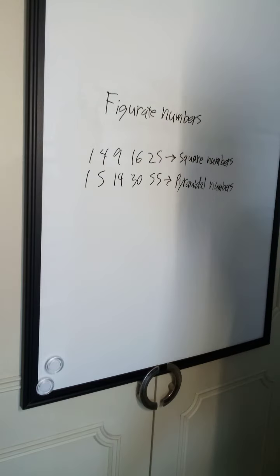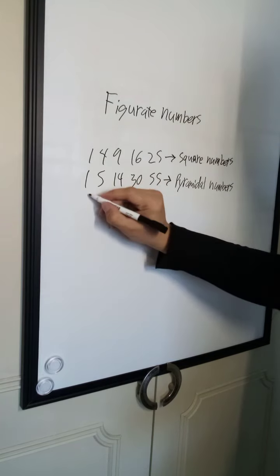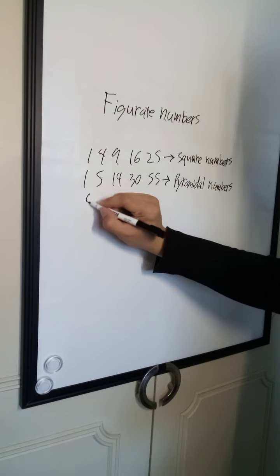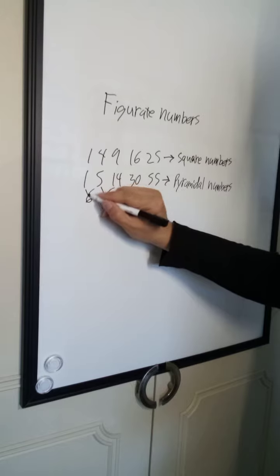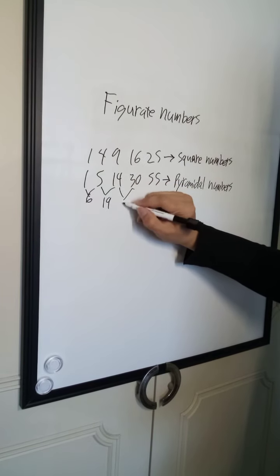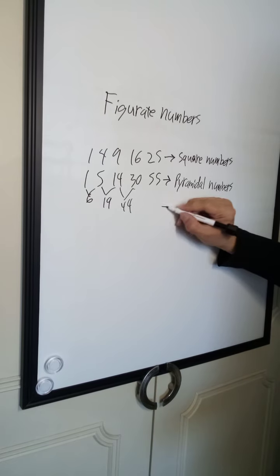And here's the other interesting thing: if you add any two of these together, you get what are called octahedral numbers.